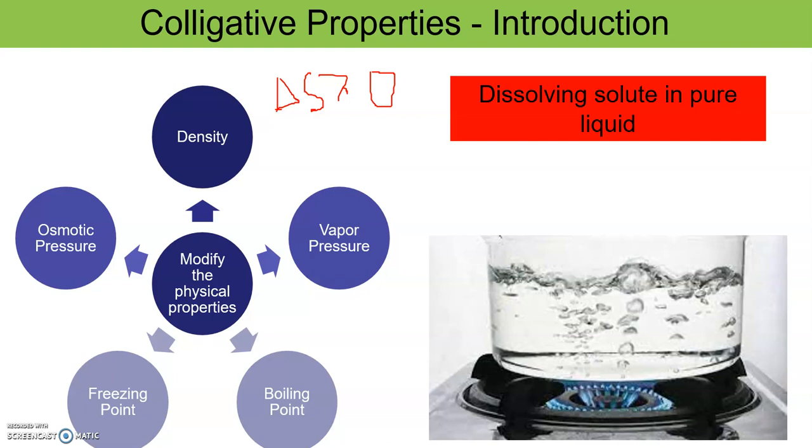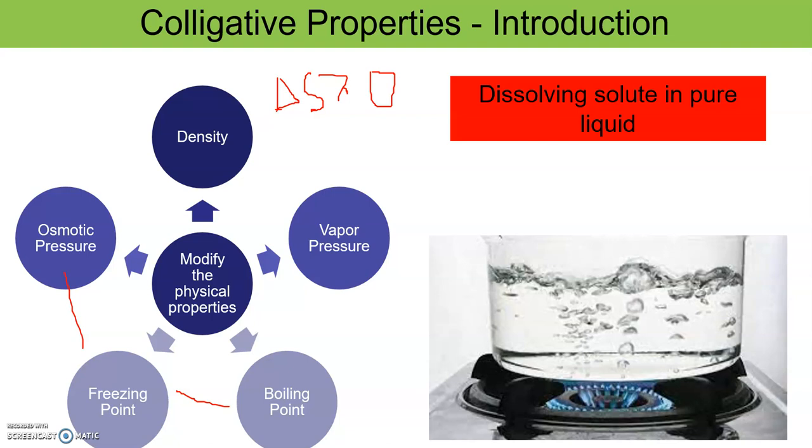Of course, the pressure will be increased too, and also the density will be changed too. So we already covered this in the previous chapter. We will see these 3 factors in this chapter.